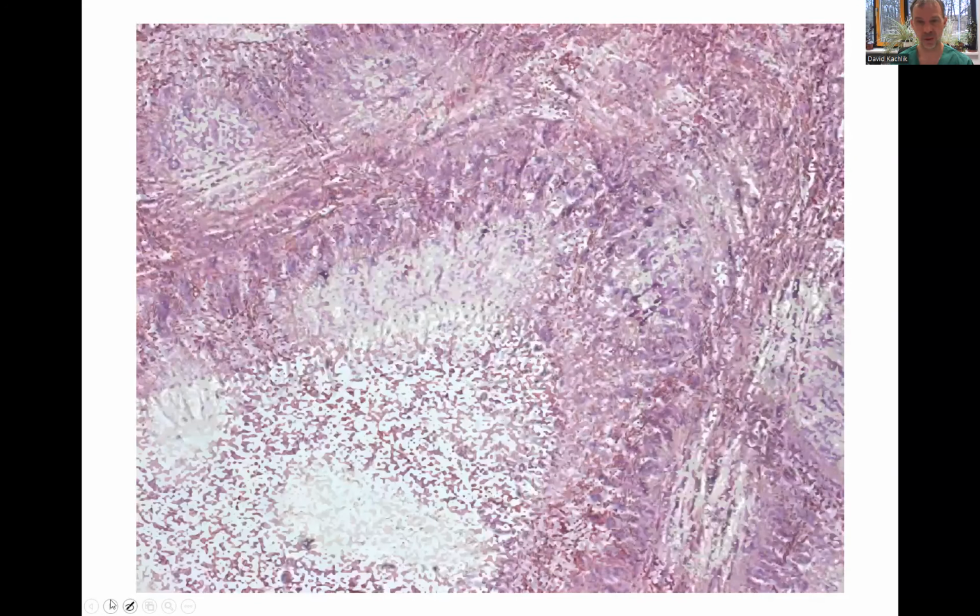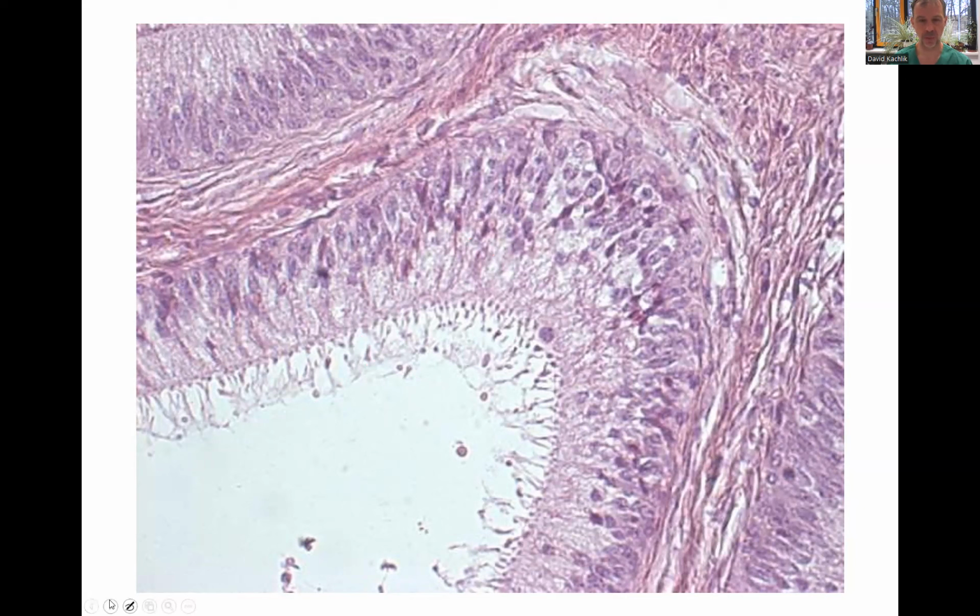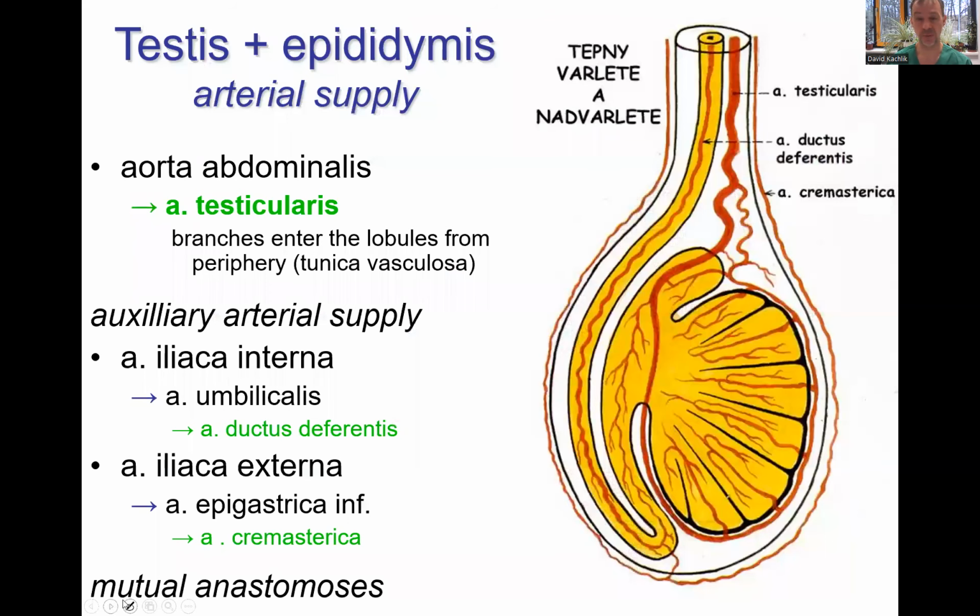Again, coming closer, you may think it's a stratified one, but when we come closer, especially to scanning electron microscope, we can see that the columnar cells are really going throughout the whole thickness of the epithelium.